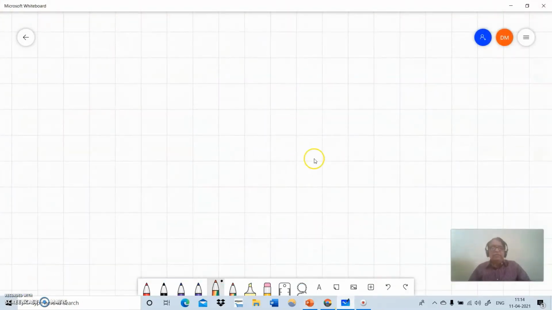So here, as I said, now we have to assume that this is a cylinder.